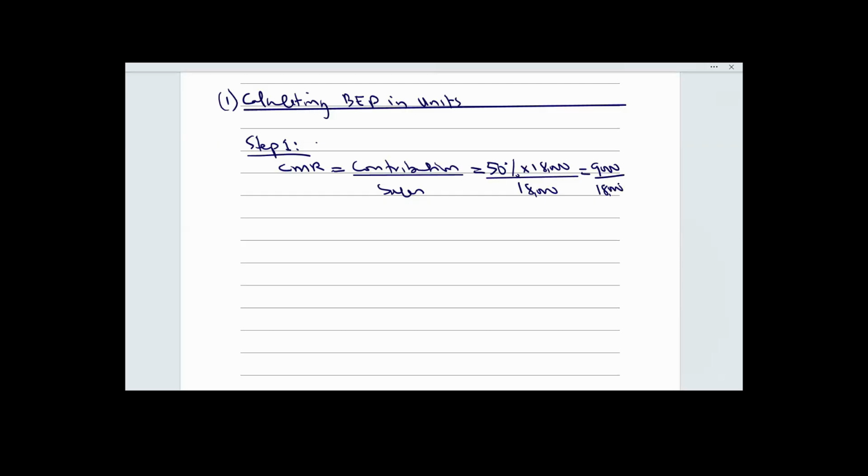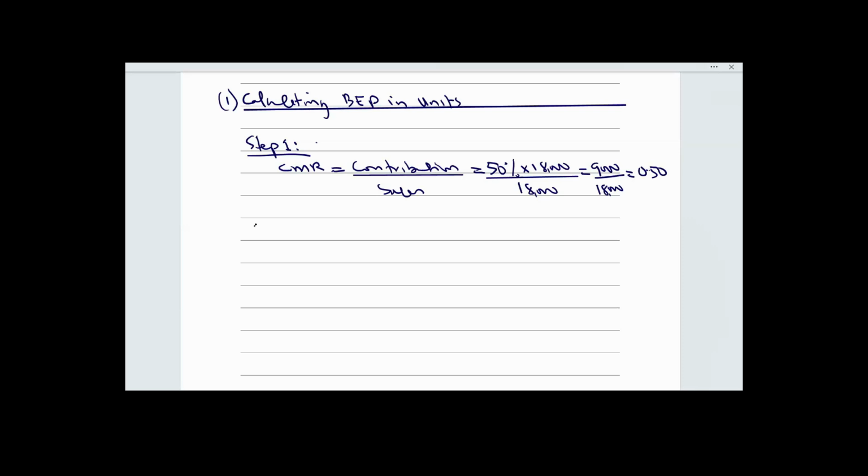No need to waste time on this. You already know that if variable cost is 50%, then contribution margin will also be 50%.